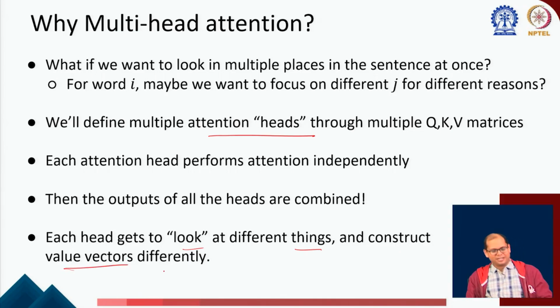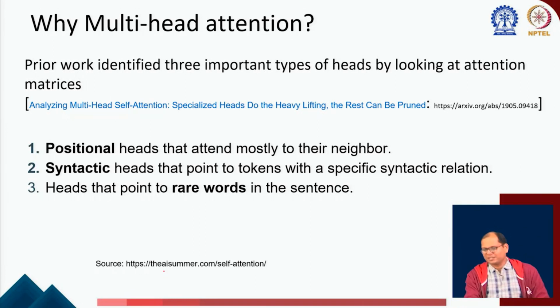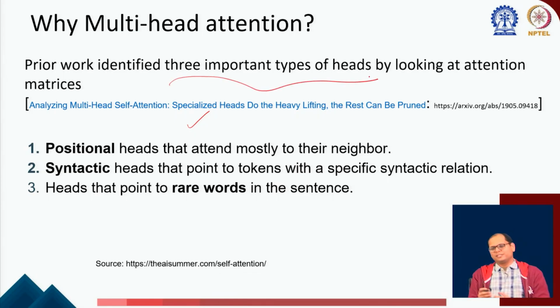Okay, so this was actually one of the papers in 2019 that tried to analyze multi-head self-attention. What they found is that there are at least 3 important types of heads. They looked at various attention matrices, and they found at least 3 types of heads. One is the positional heads that attend mostly to their neighbors. Then there are syntactic heads, because in a sentence we talked about syntactic recency versus sequential recency.